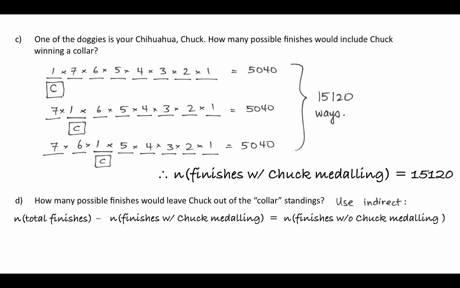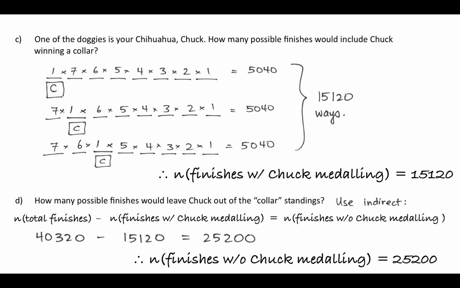Because I've already done these things, I can simply say 40,320 minus the 15,120 ways that he does win a medal gives me 25,200 different ways of not winning a medal. And so that is the perfect use of an indirect method, where now I don't have to calculate each case and then add them all up. Exactly.